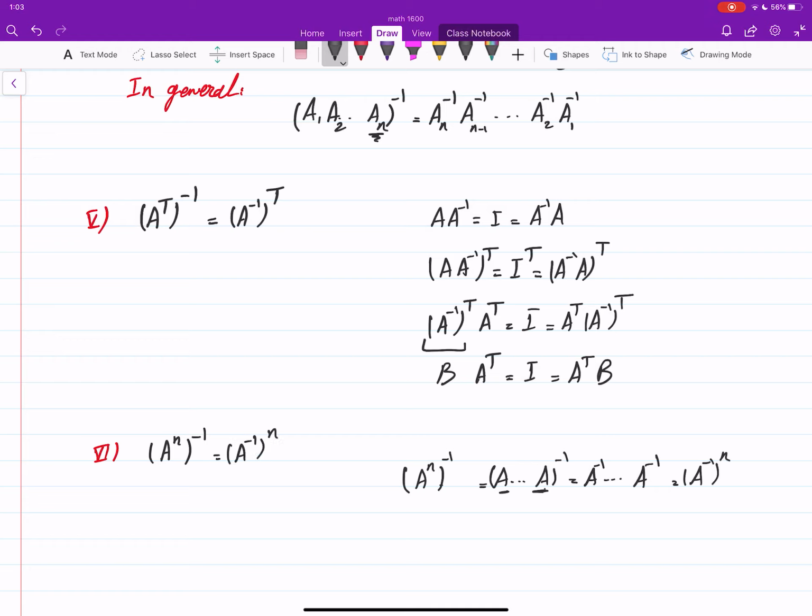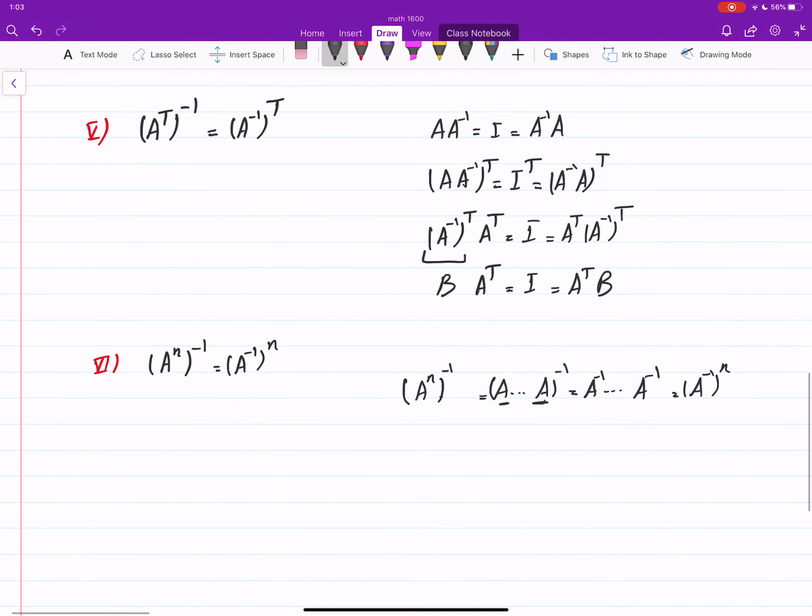And power and transpose, you can see what happens. This gives us a good idea that, so far, the powers that we were defining were for positive integers or 0. How about the negative ones? So this is the negative power definition.